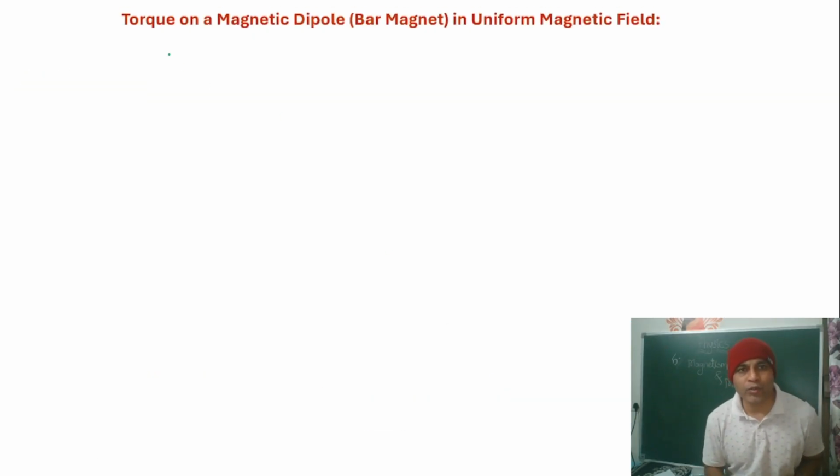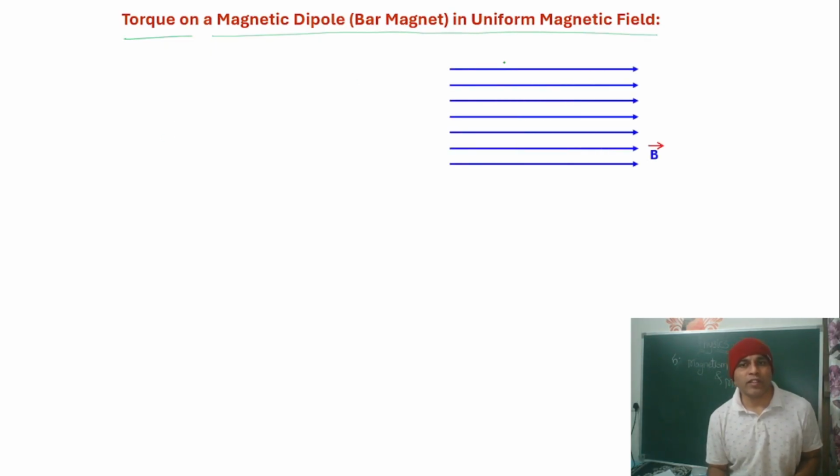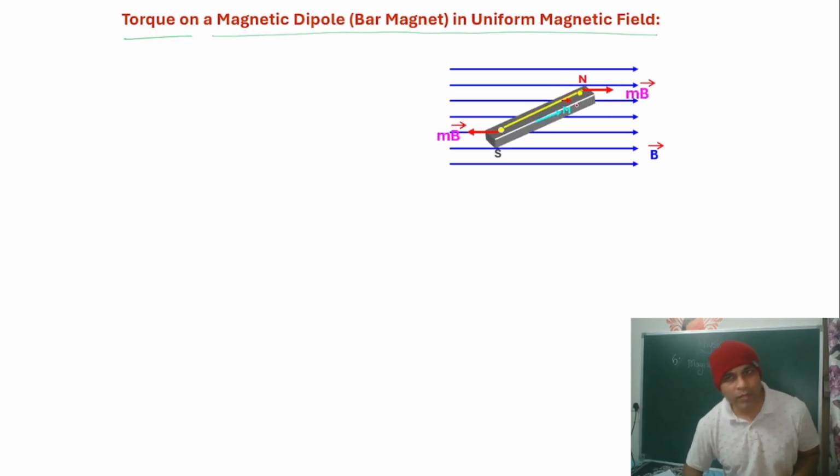Next we are going to do the torque calculation on a magnetic dipole, a bar magnet, in a uniform magnetic field. Here is the magnetic field, and we have a bar which is kept across the magnetic field.